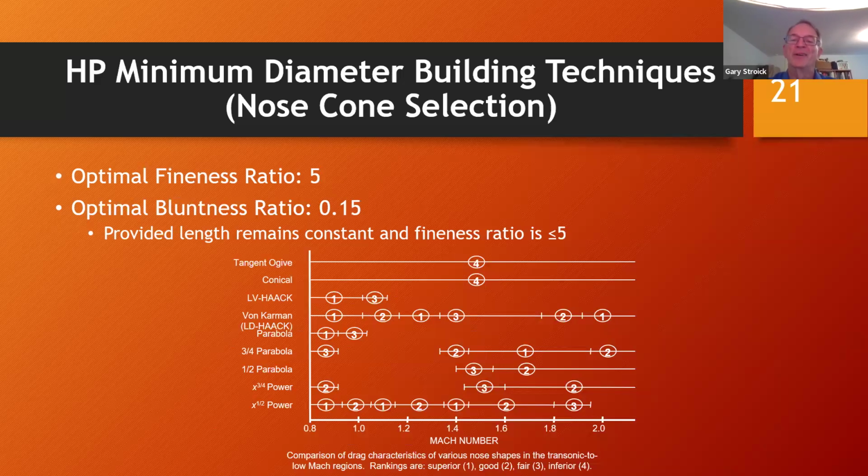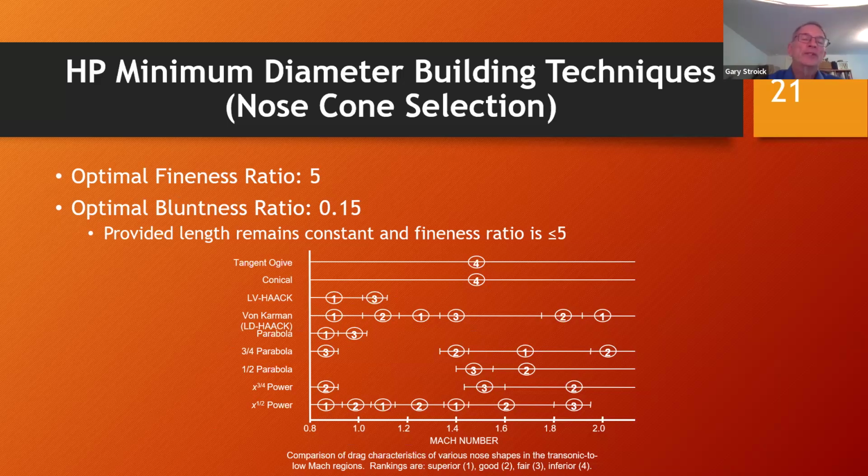So this only goes through the transonic region, which starts at 0.8 Mach, and goes up to just a little over Mach 2. You'll see LV Haack is the third one in the list. It starts out below Mach 1 as a 1, and then as it breaks into Mach, it goes to a 3, so it's not great. You can just look at this chart and see what the different values are.